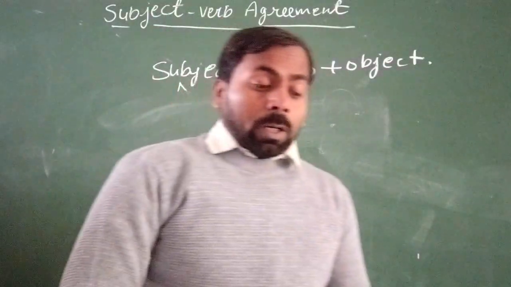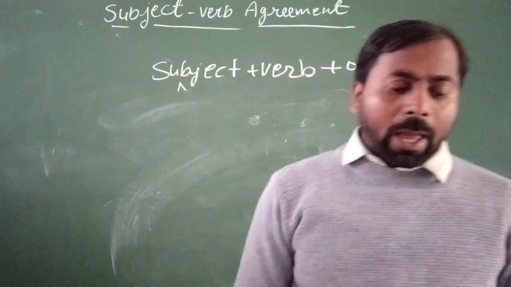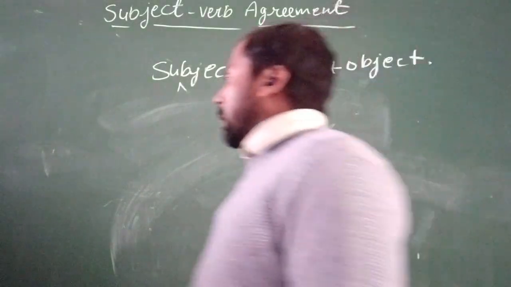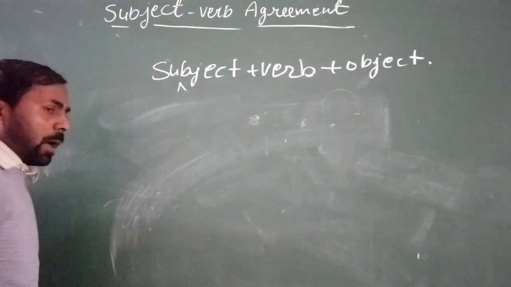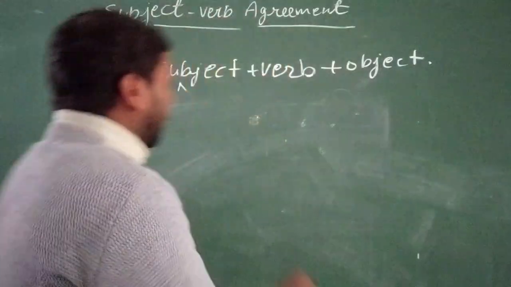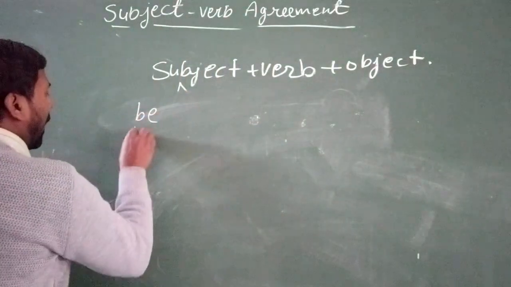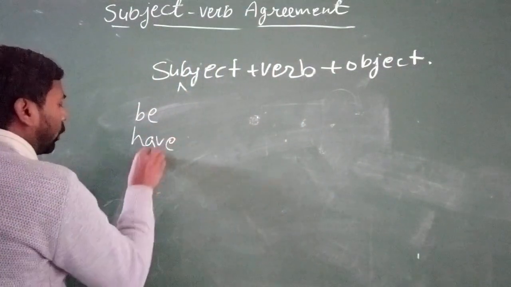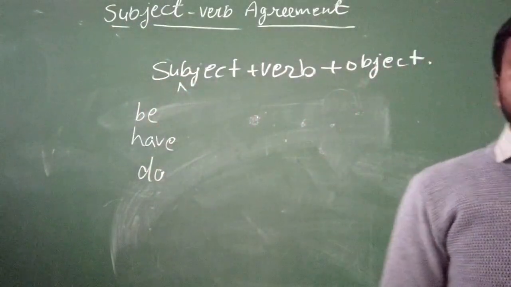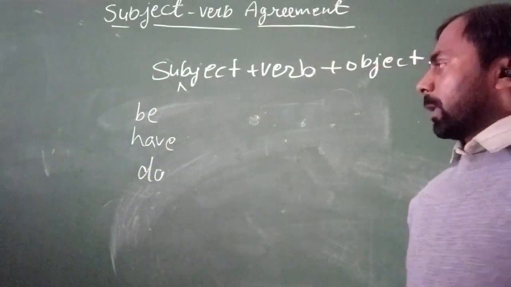Okay. See the verb be, have and do with the personal pronoun as a subject. You know very well about that. The verb or helping verb also forms from the words be, have and do. These are three words that form in different ways.